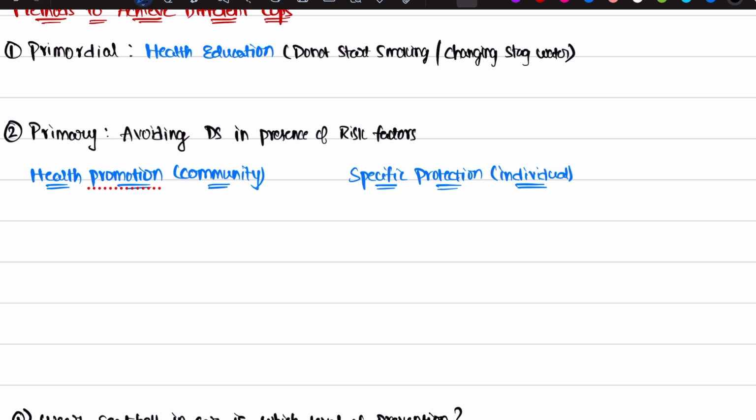When it comes to health promotion, take safe water supply. If you give safe water supply, everyone and the whole community is going to benefit. With good sanitation facilities, you are going to prevent diseases. You already have the risk factor, but you prevent the disease. If you control air pollution, your health will be better, and not only yours, your surrounding people's health will be better.